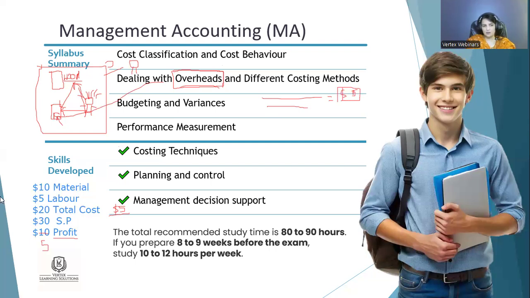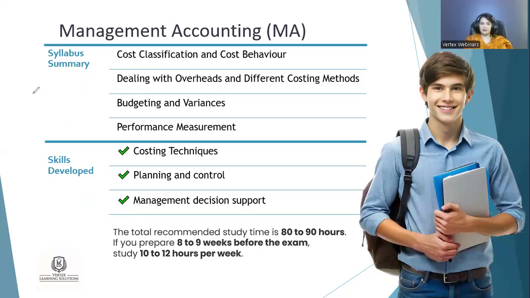So this is a lot of things that you are going to study. I said that dealing with overheads, different costing methods, like absorption costing and marginal costing. There are many things that, obviously, when you go and enroll in ACCA and enroll in one of our papers, I would teach you, what are the different cost methods.